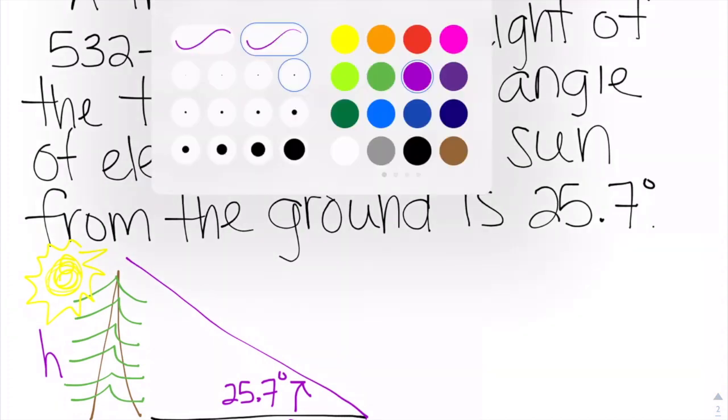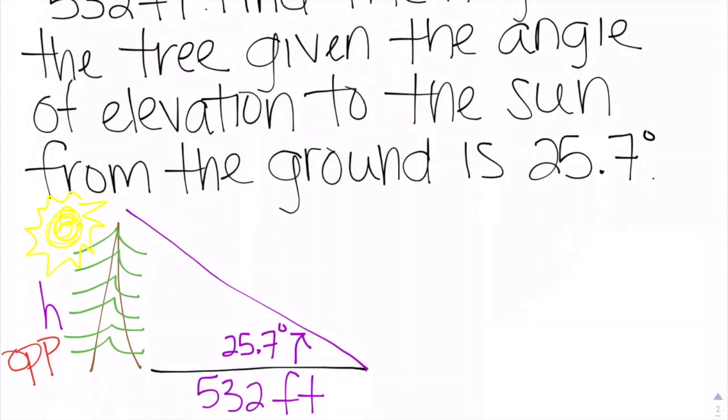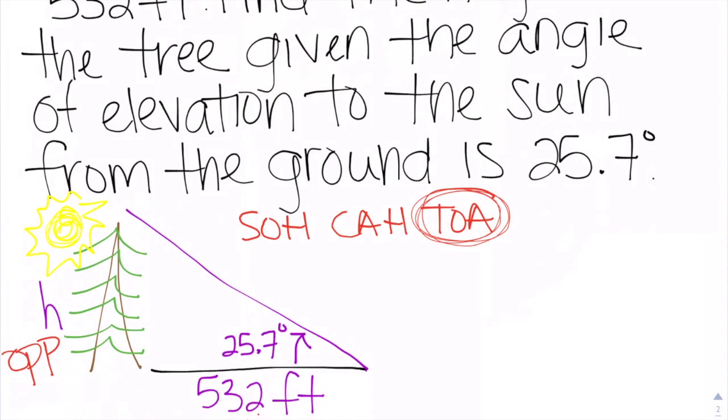So the height of the tree is opposite of our angle given, and 532 feet, or the distance of the shadow, is the adjacent side of our angle given. And so when we have opposite and adjacent, when we think of SOHCAHTOA, the tangent here is the one that uses the opposite and adjacent side.